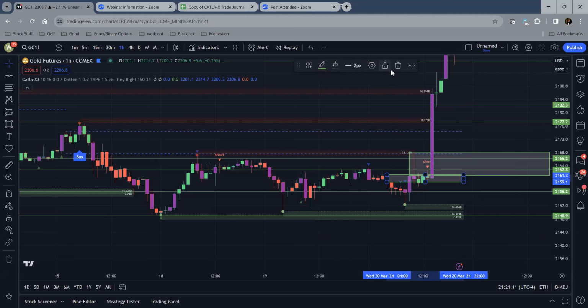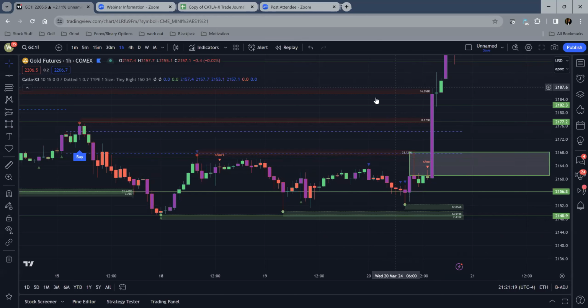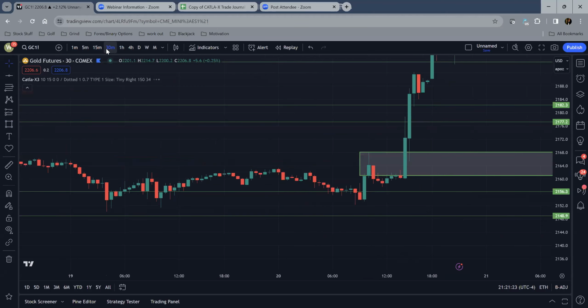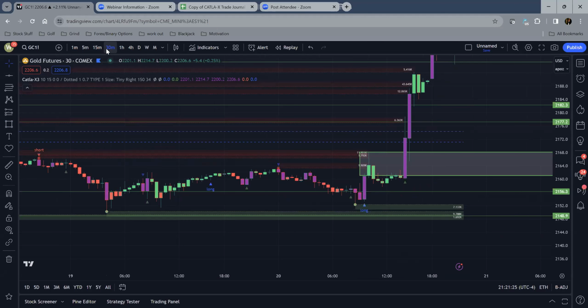Let me clear this one out so we can have a clear picture. Then I'll start nailing down what it looks like on my lower time frames.